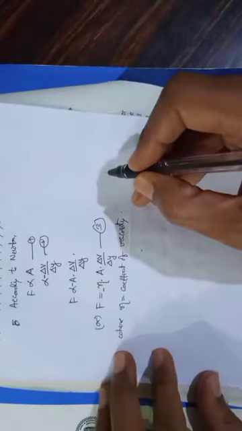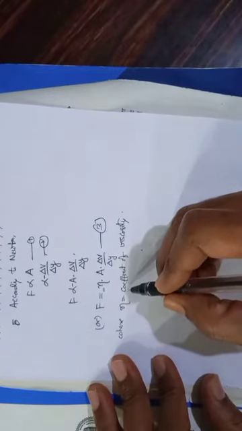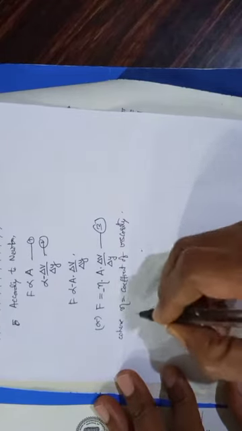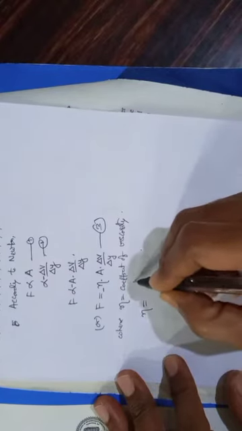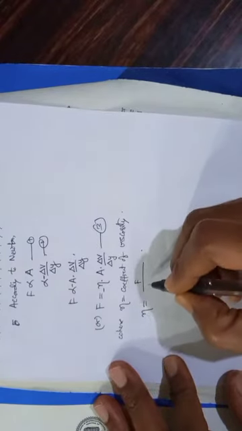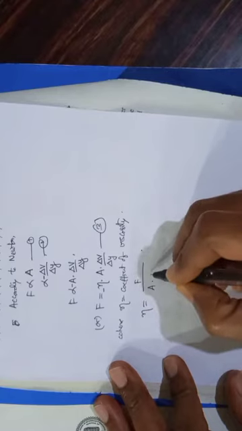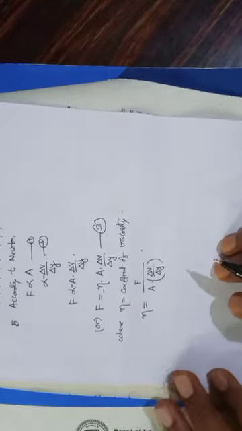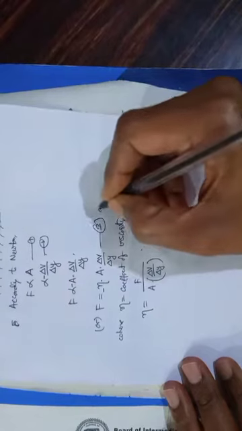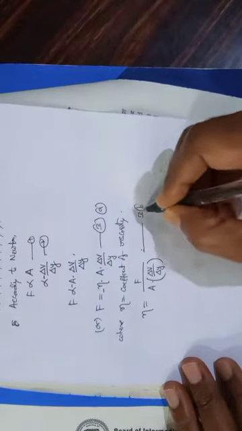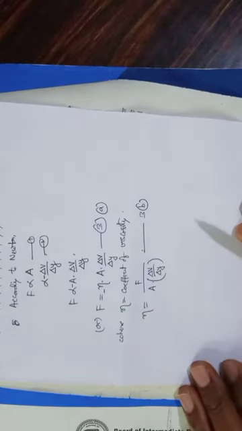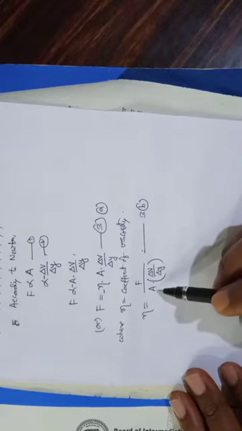So now to define coefficient of viscosity, let us make eta the subject: eta equals F by A into delta V by delta Y. Now if you want to define eta, all you have to do is to make the numerator physical quantities equal to 1.